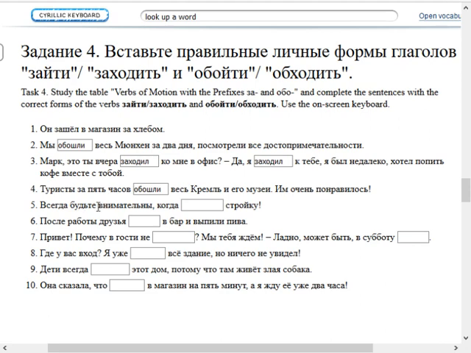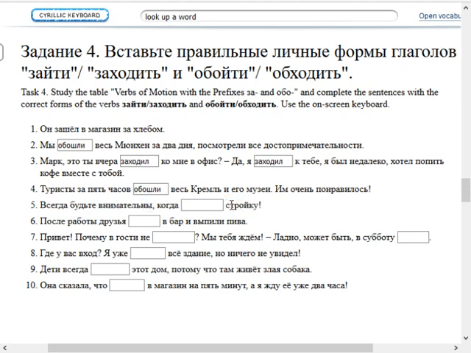Всегда будьте внимательны, когда something стройку. Стройку is construction or a building, or here it's like a construction site in English. So I'm going to assume it says always be careful.